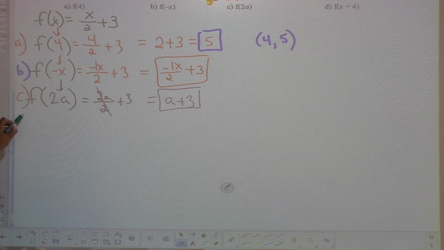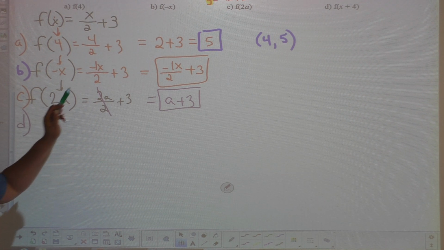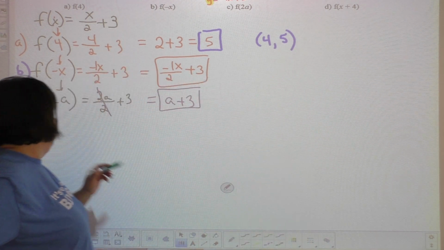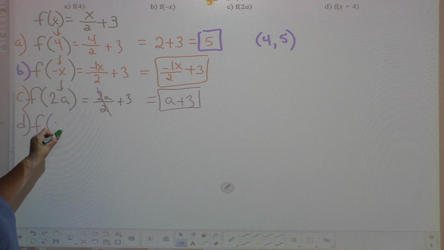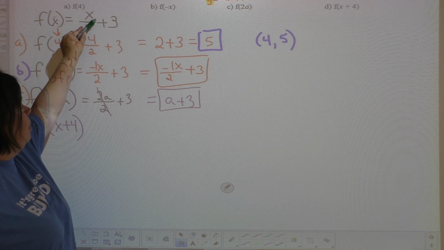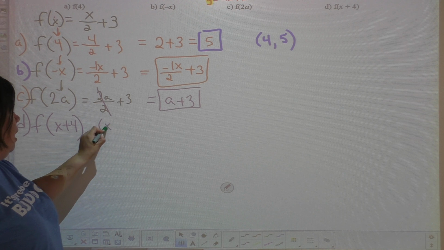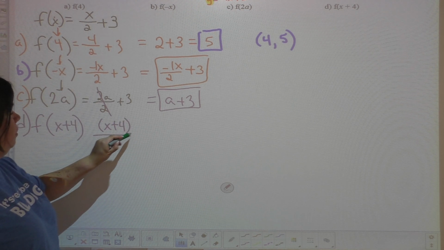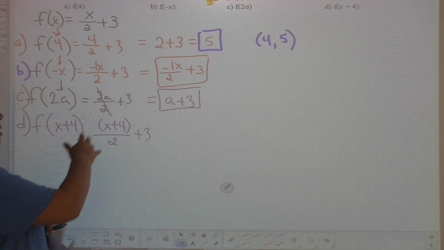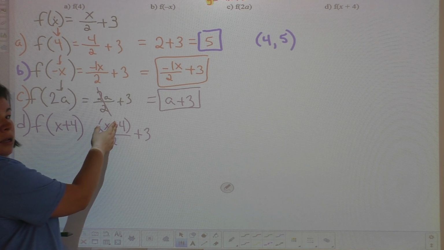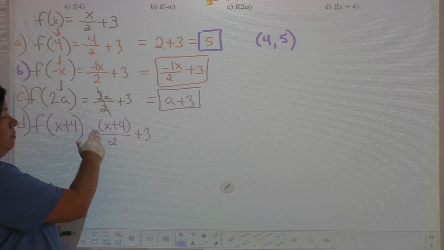And our last example, last but not least, they want us to substitute in f of x plus 4. So f of that quantity x plus 4. That means wherever I saw an x, I'm going to substitute in that quantity x plus 4 divided by 2 plus 3. Now, just like you normally would solve for a variable, I want you to individually divide each of those terms by 2.